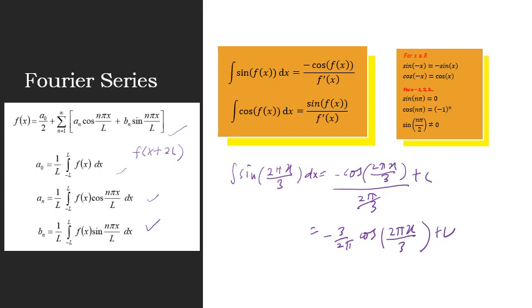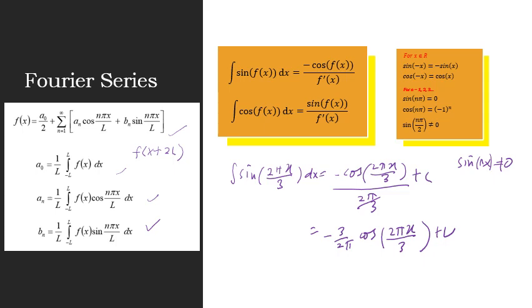Next we also learned that sine of minus x equals negative sine x, cos of minus x equals cos x, sine n pi equals 0, cos n pi equals negative 1 power n, and sine n pi over 2 is not equal to 0. Also make sure that if you have sine n x, do not equate it to 0, because if x equals pi, it will become 0.